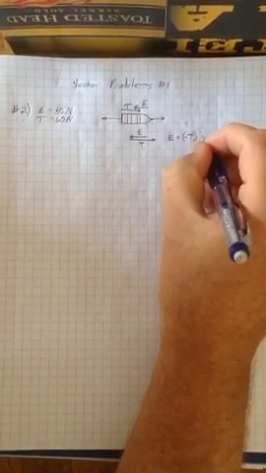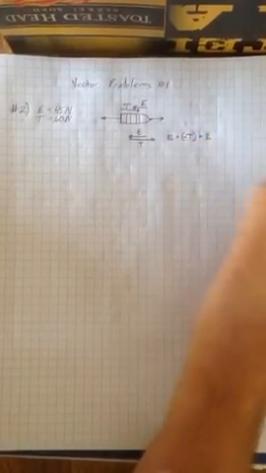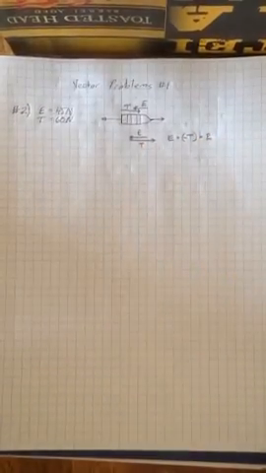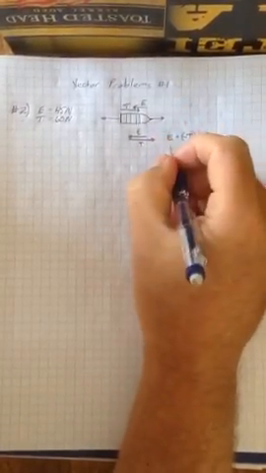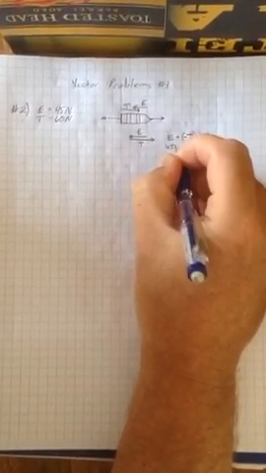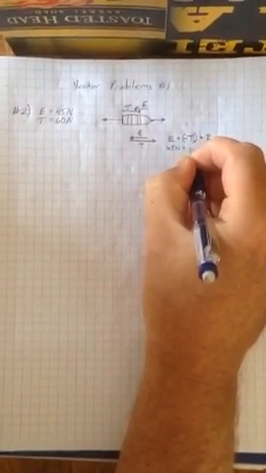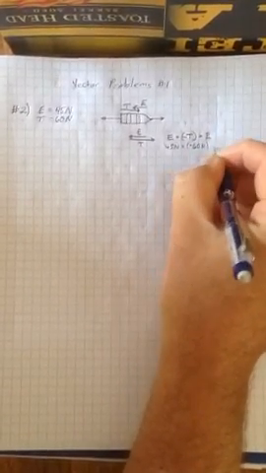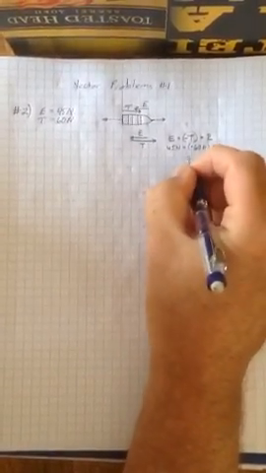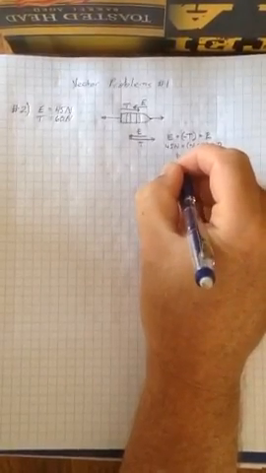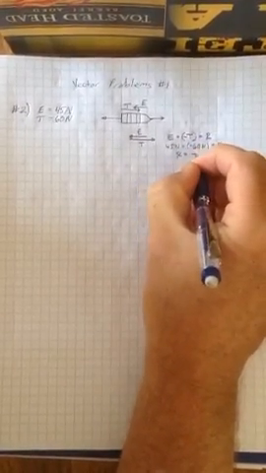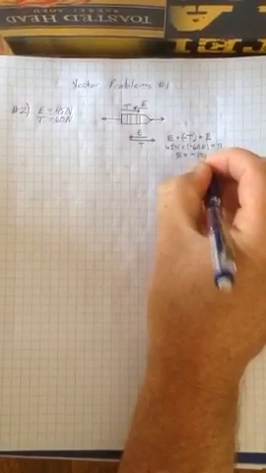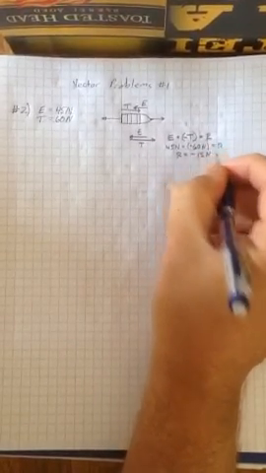It's going to be the opposite. And that's going to give us our resultant. All right, so we have 45 newtons plus negative 60 newtons equals R, and that means that R is going to be equal to negative 15 newtons.